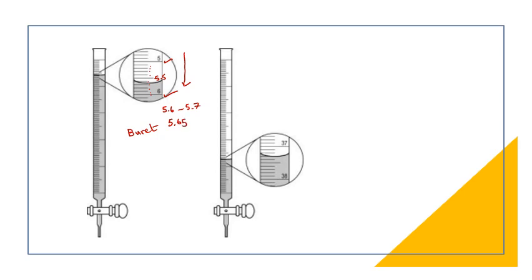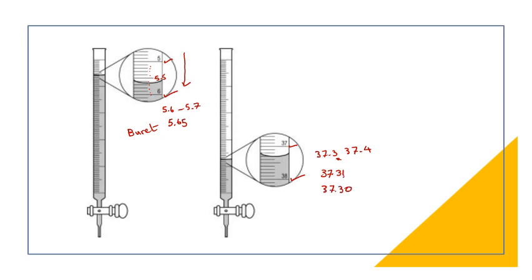Okay. Then in this case, this is 37, same number of divisions. This is 38. So this is 37.1, 37.2, 37.3, and in between 37.3 and 37.4. But it is very close to 3, so I would say that is 37.31, or some people will read it as 37.30.